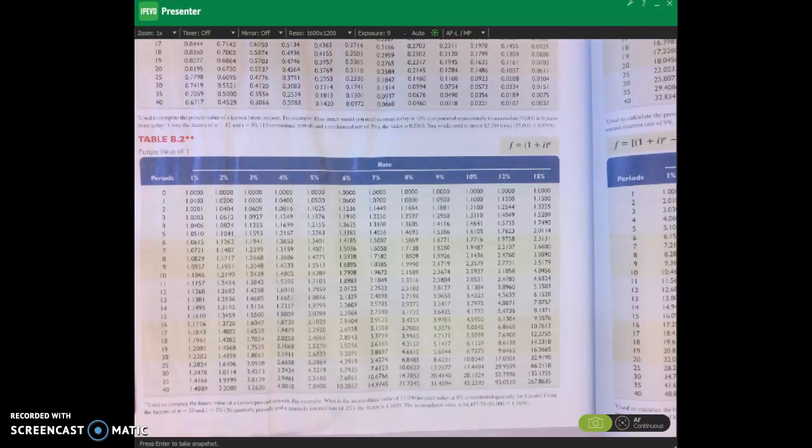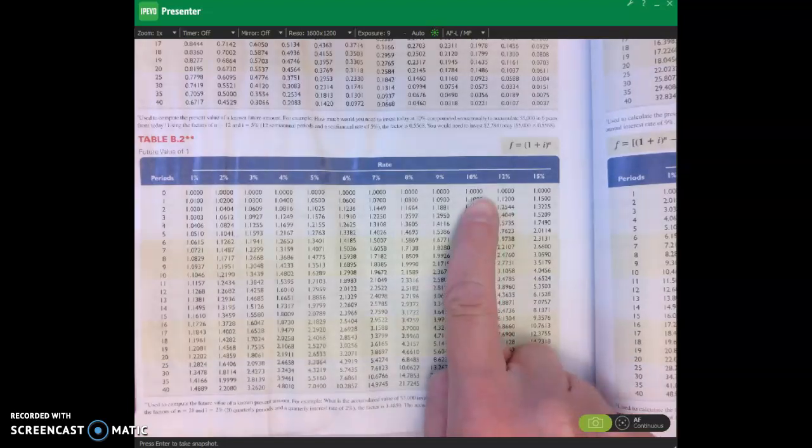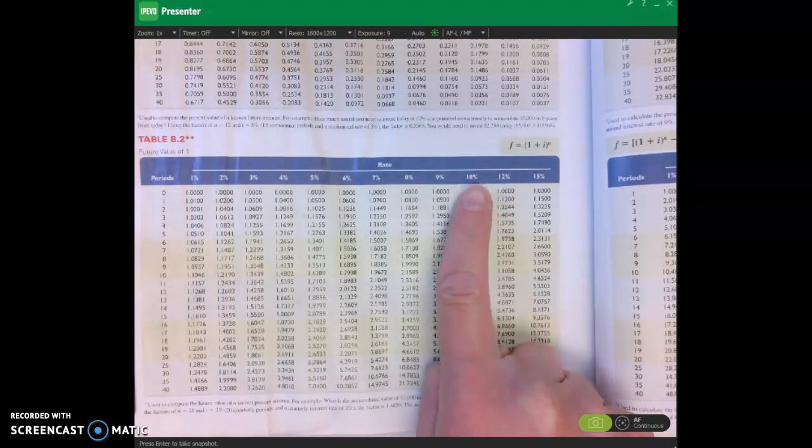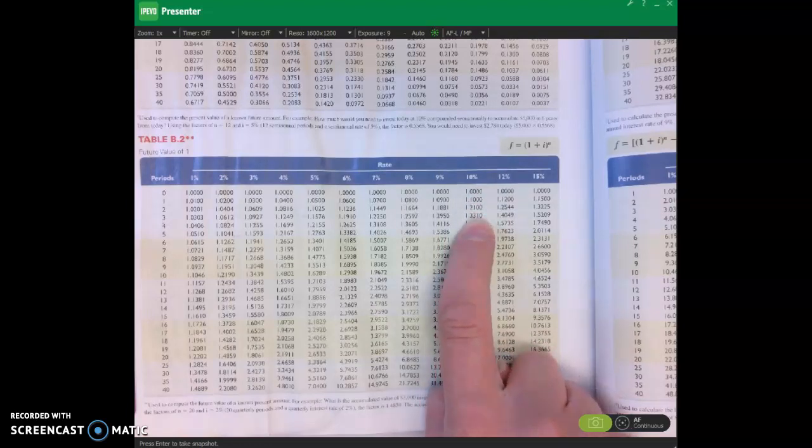So remember, when we did 1 plus i to the n power, where i equaled 10%, and the number of periods equaled 3, we got 1.331. That's what this is. We used the formula to get that 1.331, and then we multiply it times the $1,000 present value to get the future value of $1,331.